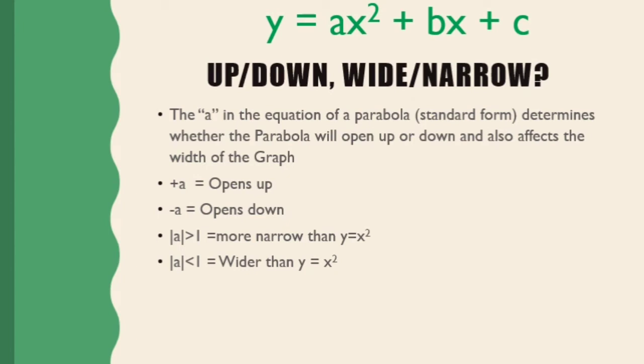The reason I put those absolute value lines on there is that I'm not talking about whether a is positive or negative, just whether the actual number is more than 1 or less than 1. The positive and negative only affects whether it's opening up or down.